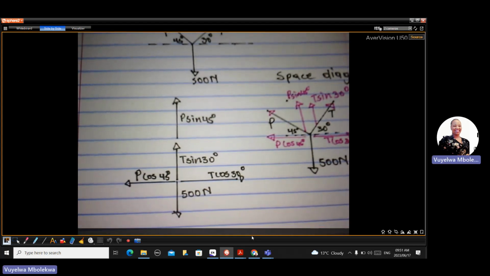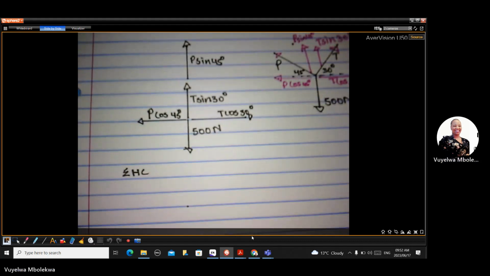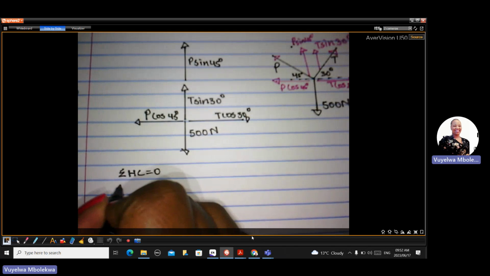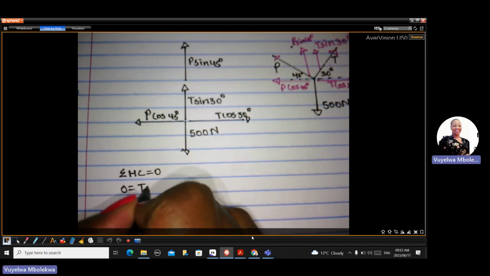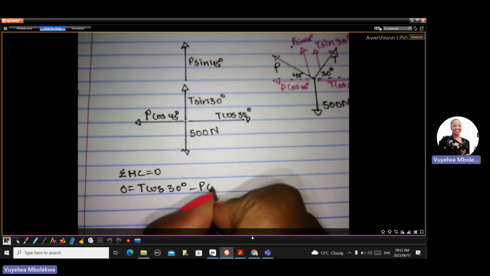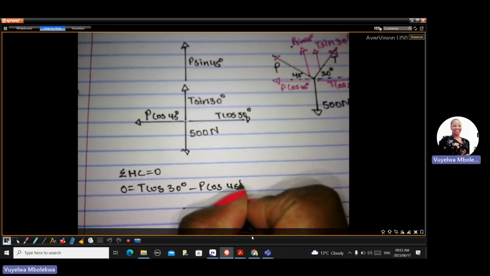So we do a similar thing to what we did previously. We can start with the horizontal components. Horizontal components are equal to 0, meaning 0 equals T cos 30 minus P cos 45.